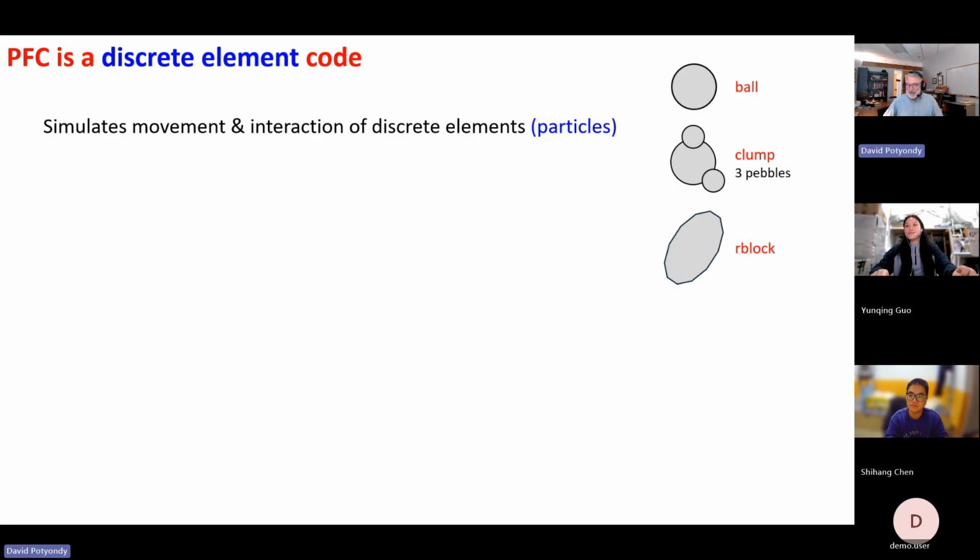The clump has the property that there's nothing happening here. It's just a shape, and it behaves as though it was a single rigid body that had that shape. So if something else pushes against it, it might get pushed here, it might get pushed here, it might get pushed here. But this thing behaves like a single rigid body.